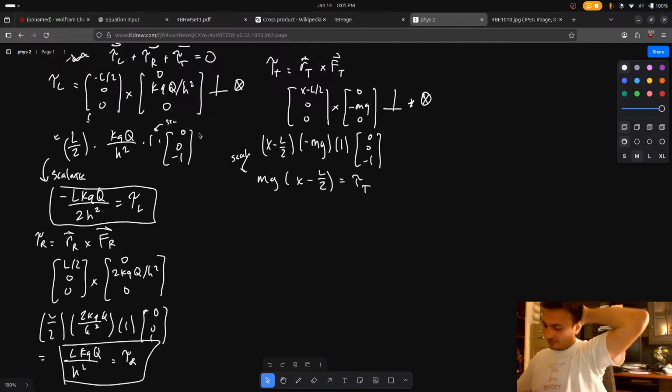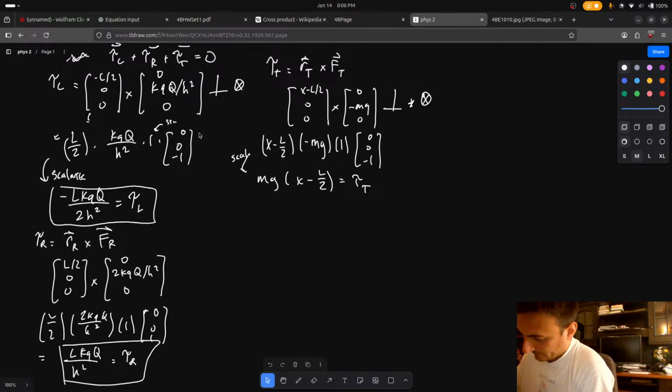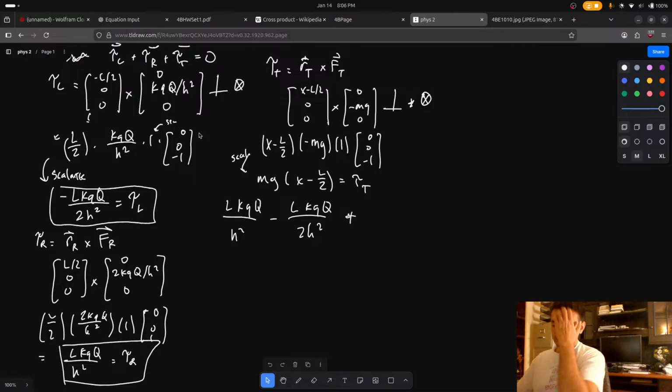Okay, so now we have basically LkQQ over h squared minus LkQQ over 2h squared plus, ooh, I think last time there was a minus there.